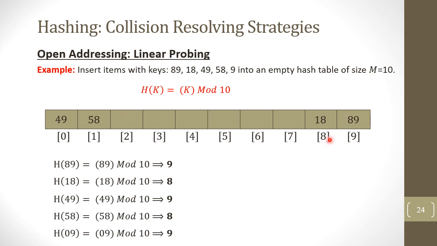Third slot from the ninth location, the actual slot is the second one, which is empty. So we place 9 in the second slot. So to summarize, if a collision occurs, we keep on searching the next slots until we find an empty slot and we place our current value in that slot.